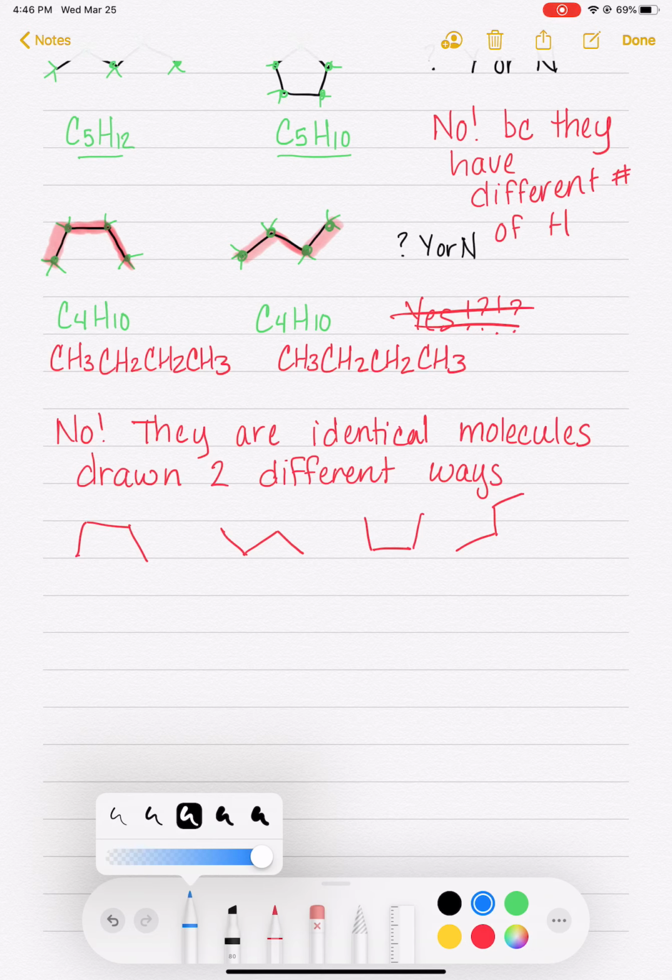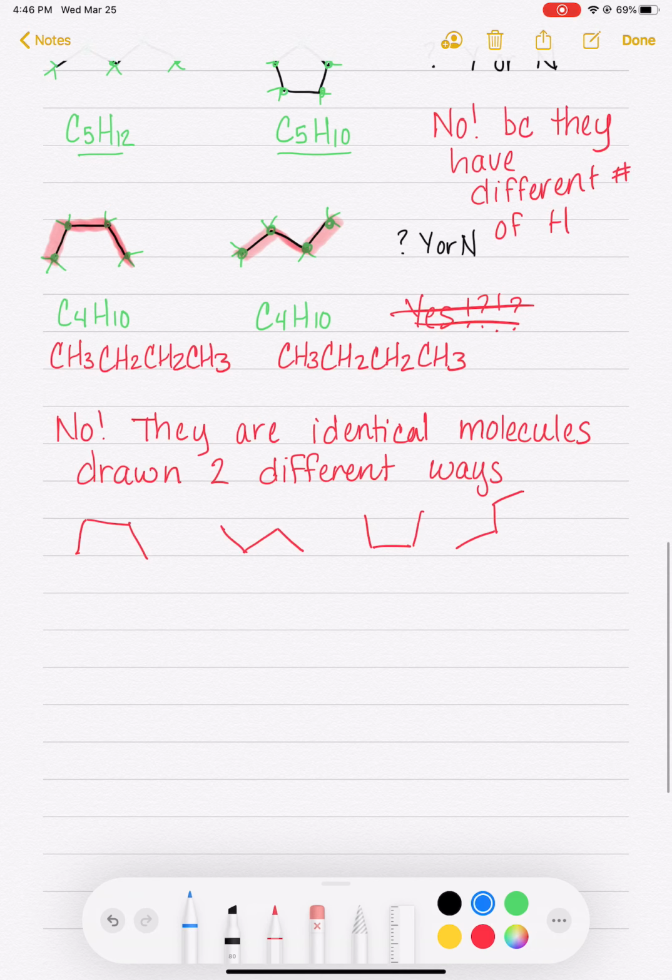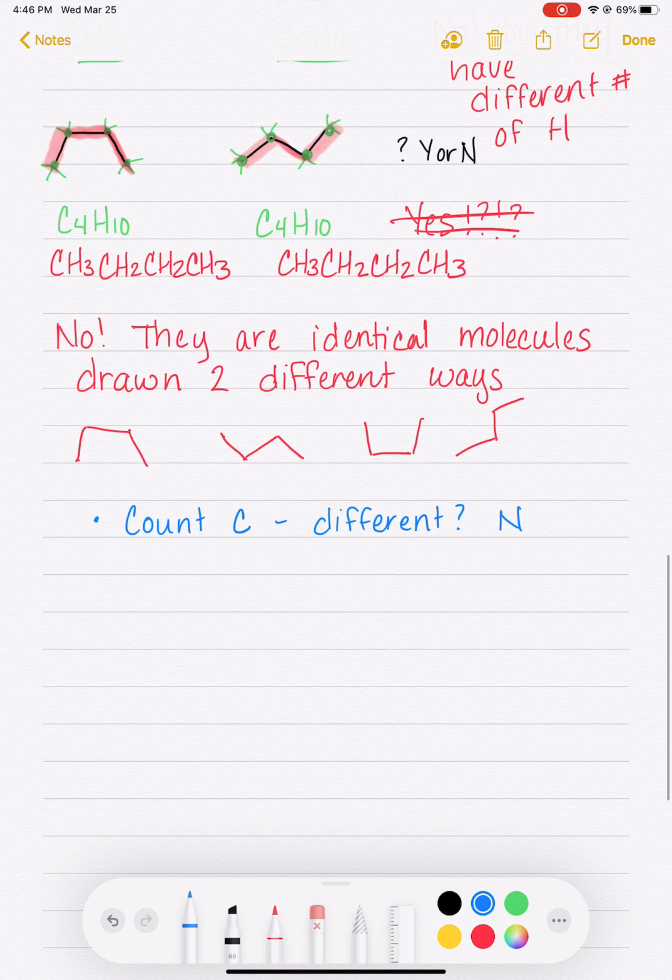What you want to do is start by, number one, counting the carbons. If they have a different number of carbons, then that means right away, no, they're not constitutional isomers. They're just two different molecules. If they have the same number of carbons, then count the hydrogens.